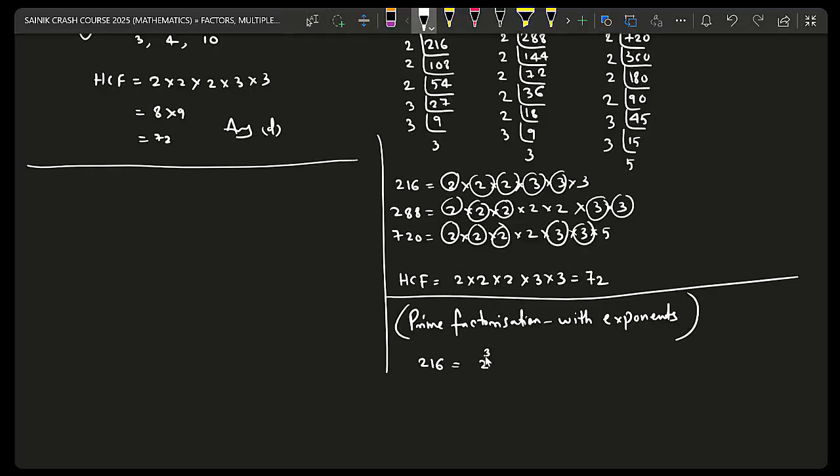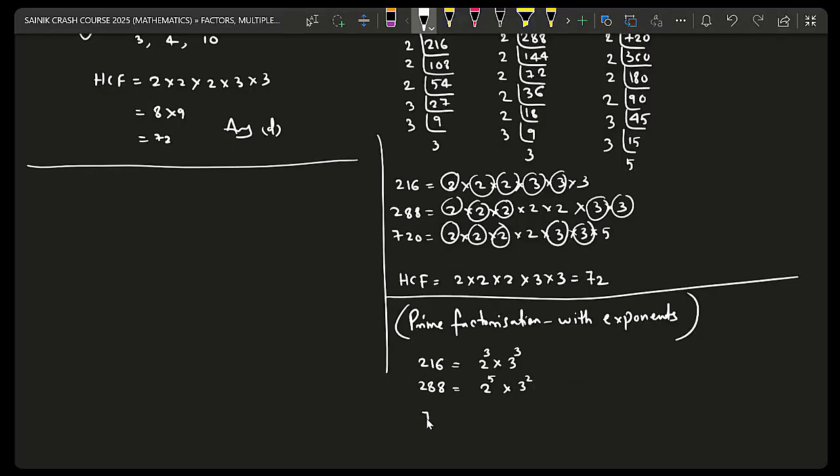That means 2 cube, and 3 cube. Very good. And 288, what is the exponent form? 2 to the power of 5, and 3 square.